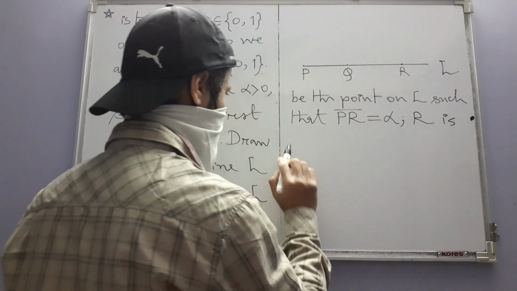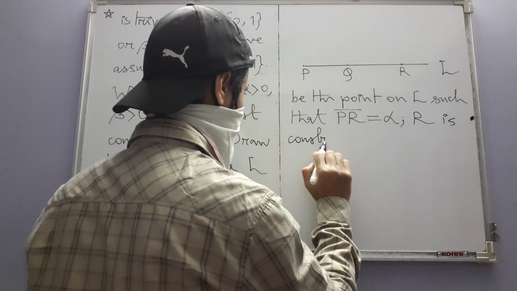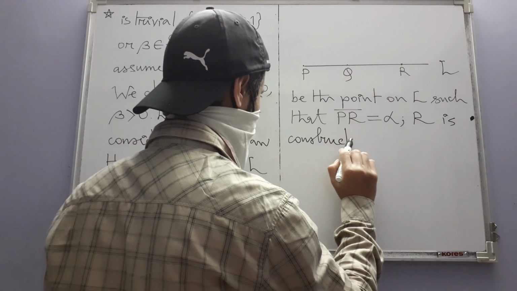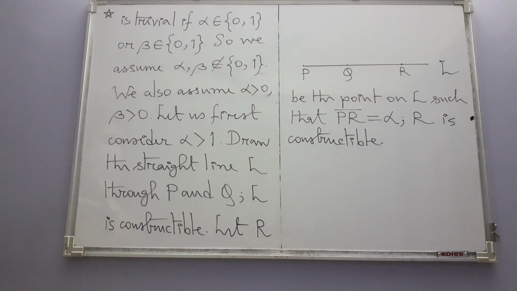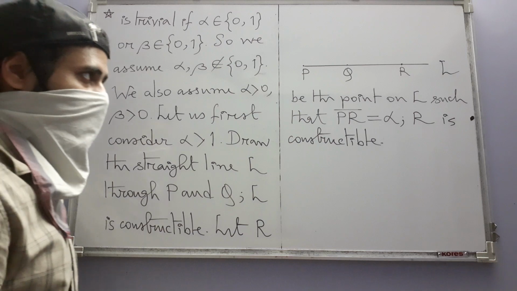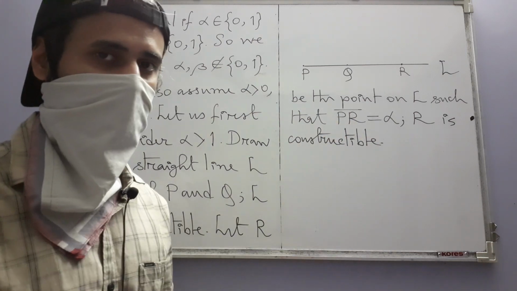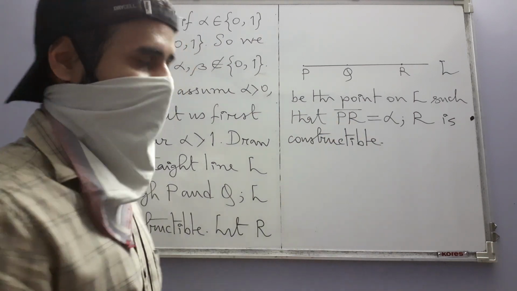R is constructible. Okay, but the question is, how are we choosing R? Are we allowed to choose this point R?